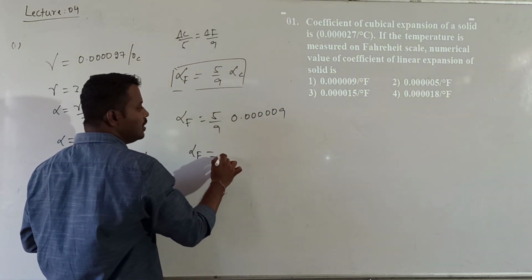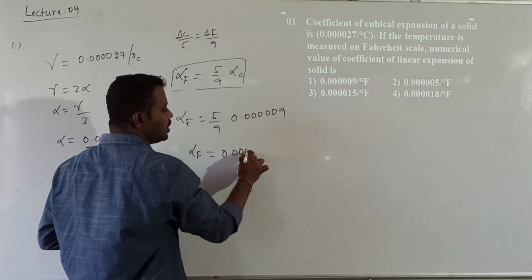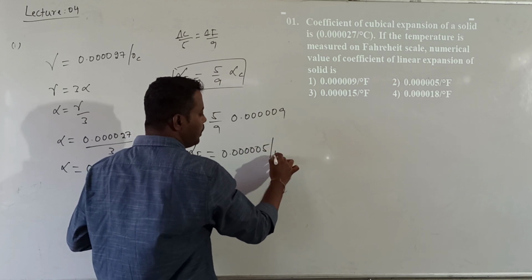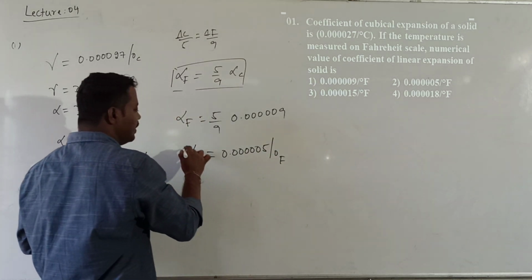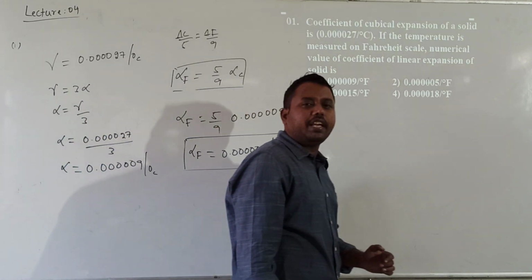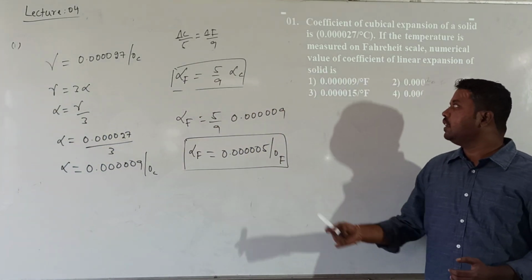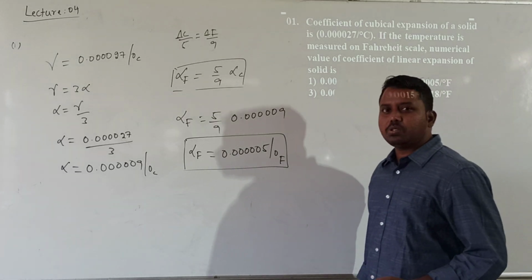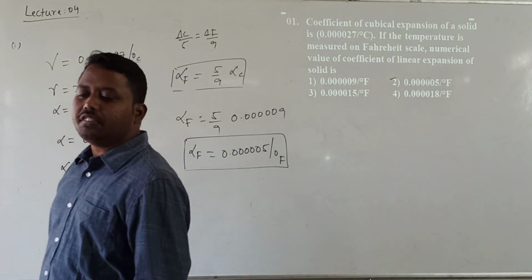Then alpha F is equal to 5 by 9 into alpha C, which is 0.00009, and 9 goes one time. So alpha F is 0.00005 per degree Fahrenheit. Alpha is the coefficient of linear expansion, in this case on the Fahrenheit scale. So the answer is the second option. Question clear? That is the first one.